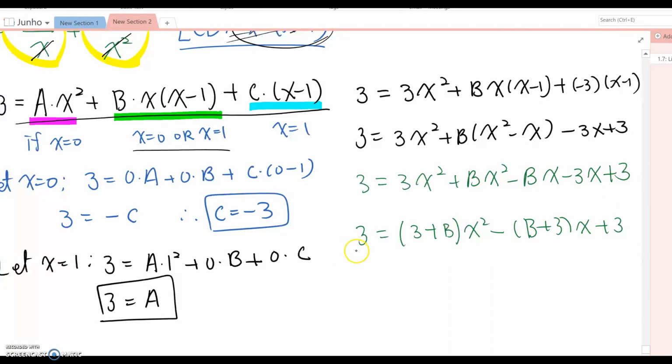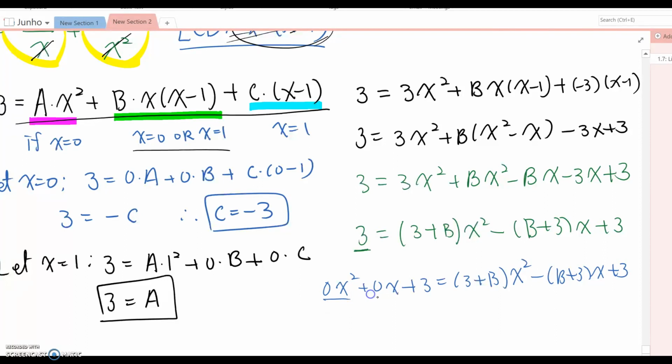Now, because on this side there are no other variables, we can just set it up as 0 here. So we can make 0x squared plus 0x plus 3 equal to (3 plus b)x squared minus (b plus 3)x plus 3 here.